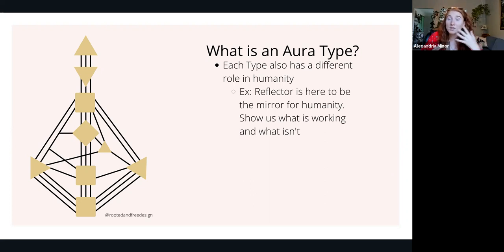Their role within humanity is to be mirrors for humanity. They're here to show us what's working and what isn't working, what's right and what's wrong, right? Because, like we talked about in the last module, they're taking in energy from other people and amplifying it. So they mirror the energy that's around them.